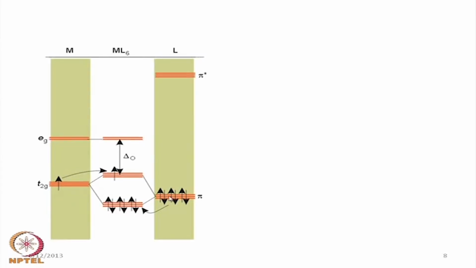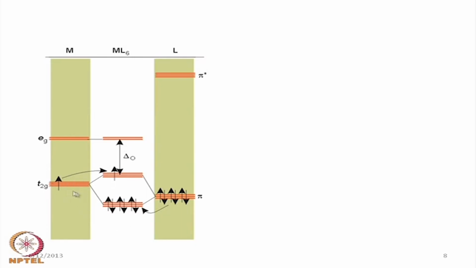What we have seen earlier, when talking about the transitions for sigma type interactions, is that this T2g remained as the non-bonding level, and this non-bonding level was utilized only for electron density transfer from this non-bonding level to the Eg star level.